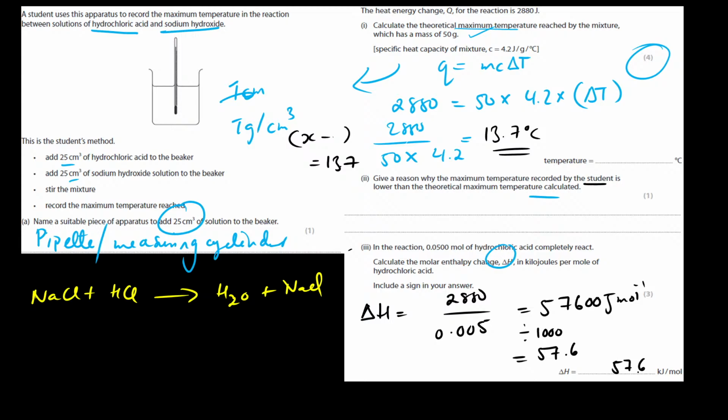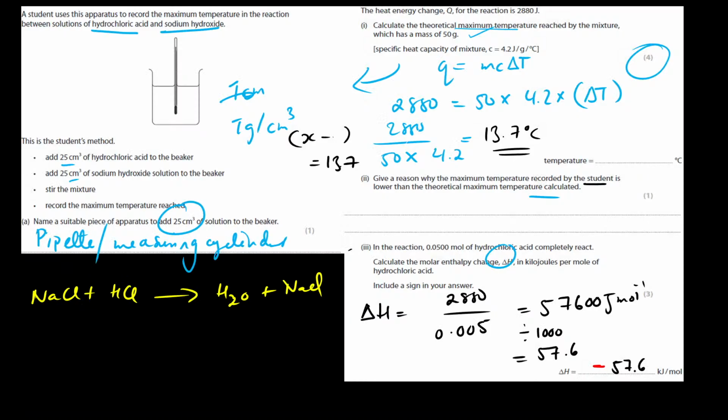But I've forgotten something, guys. What was the sign? Because it was a temperature increase, what would the sign be? Anyone? What sign am I looking for? It would be a negative sign because it is exothermic. That's why. Yeah, brilliant. So that was the answer.